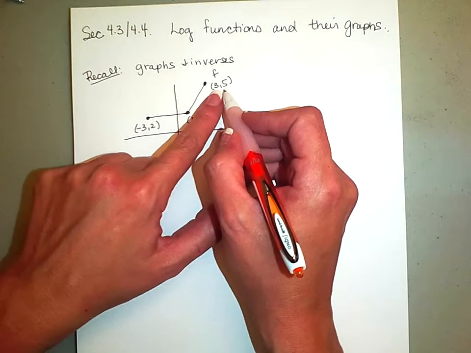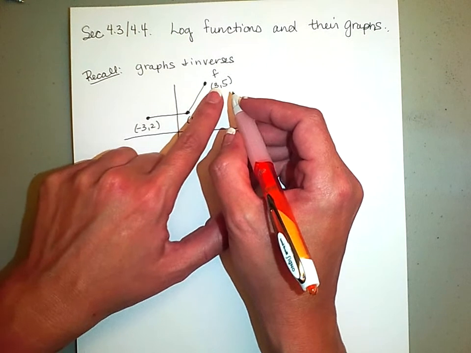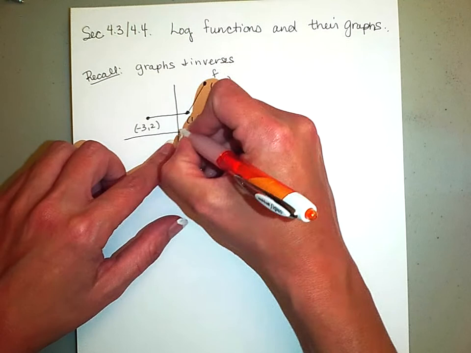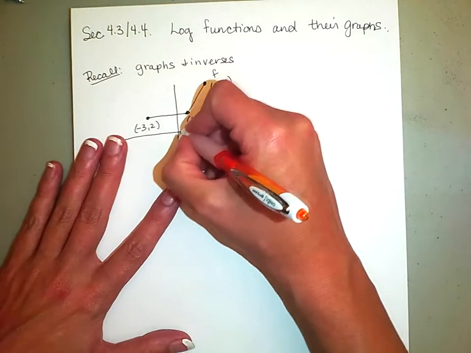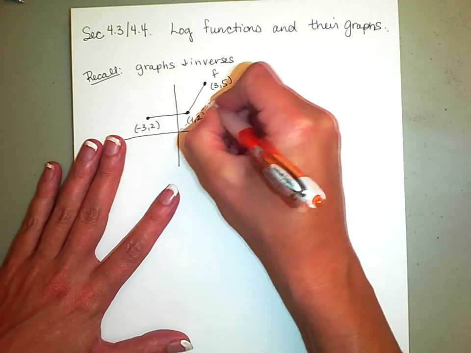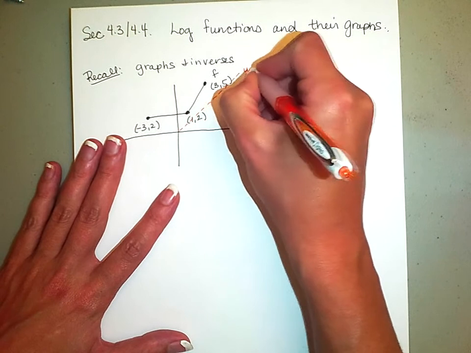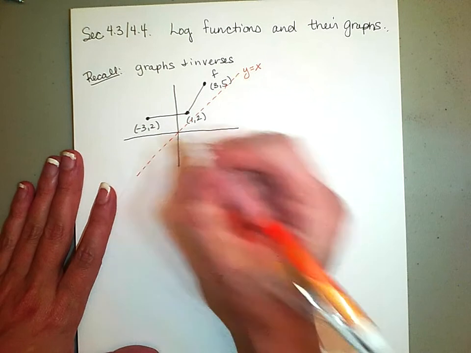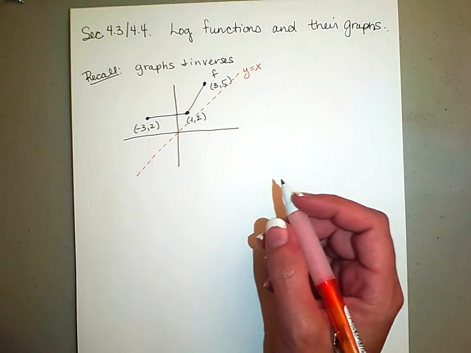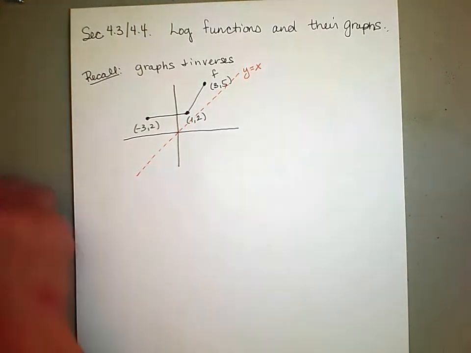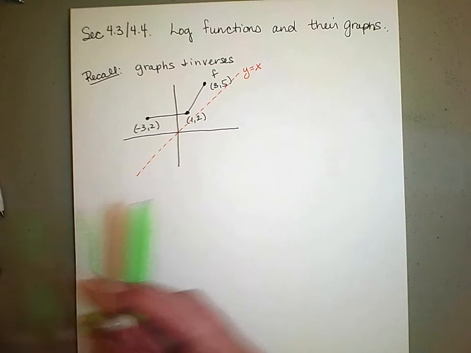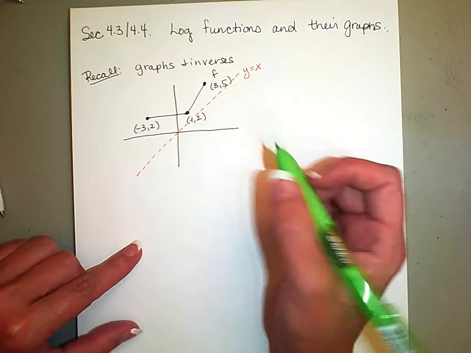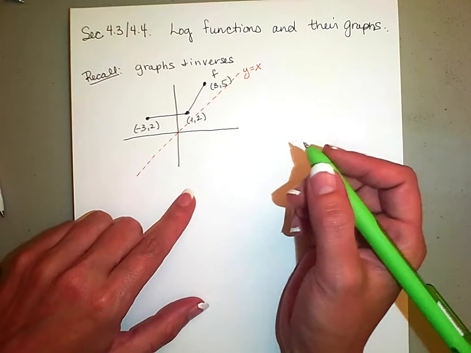So for example, if I have (3, 5) up here, well, first of all, we know because of this flip-flopping of inverses in their graphs, here's the line y equals x, and whatever shape I draw upon here, the inverse needs to be symmetric with respect to the line y equals x.